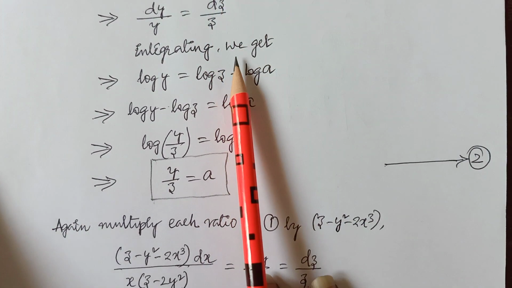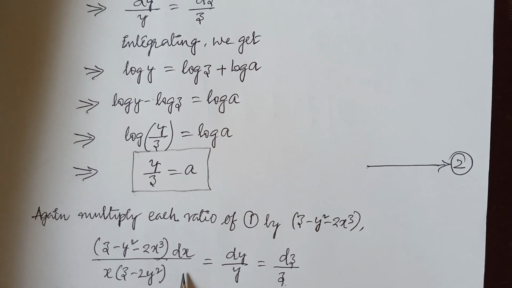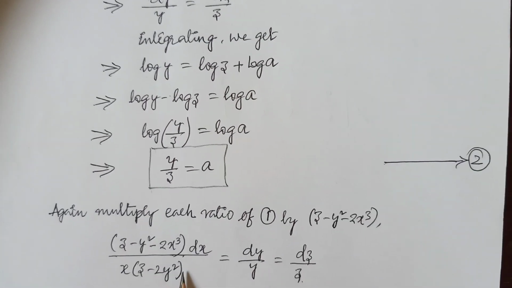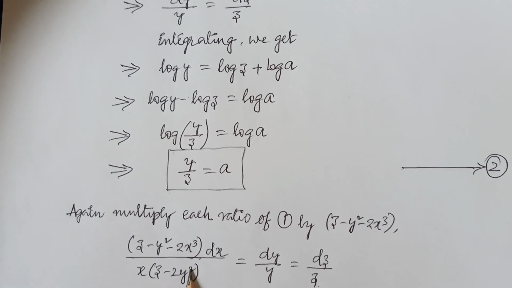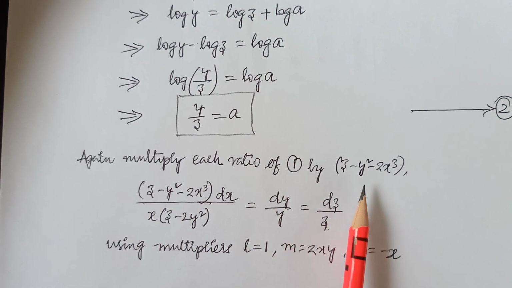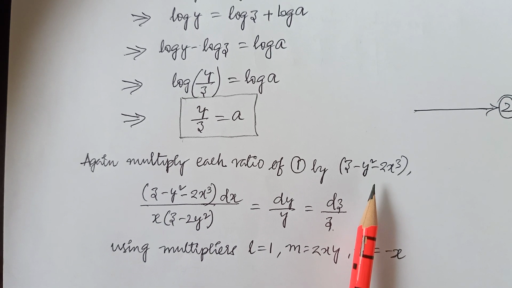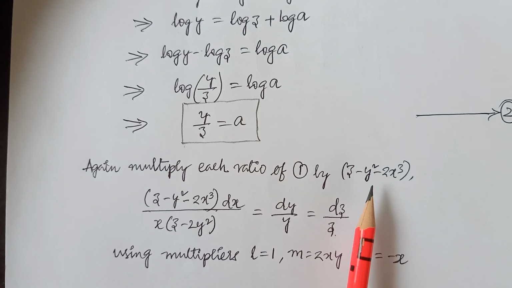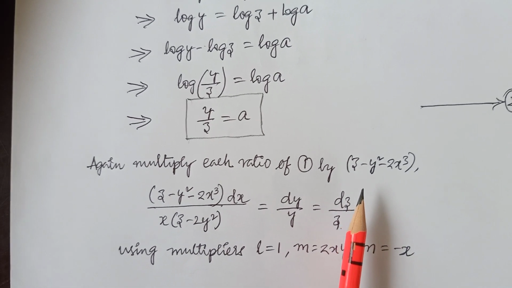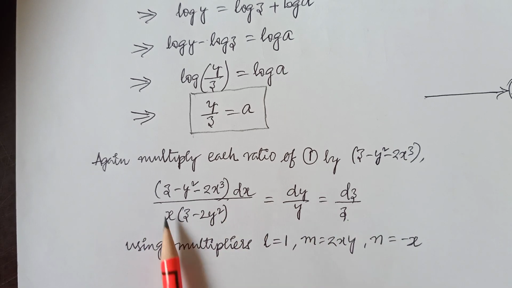So now in that process, let us see whether we can take the multipliers. I am rewriting equation 1 like this, just by dividing the entire equation.